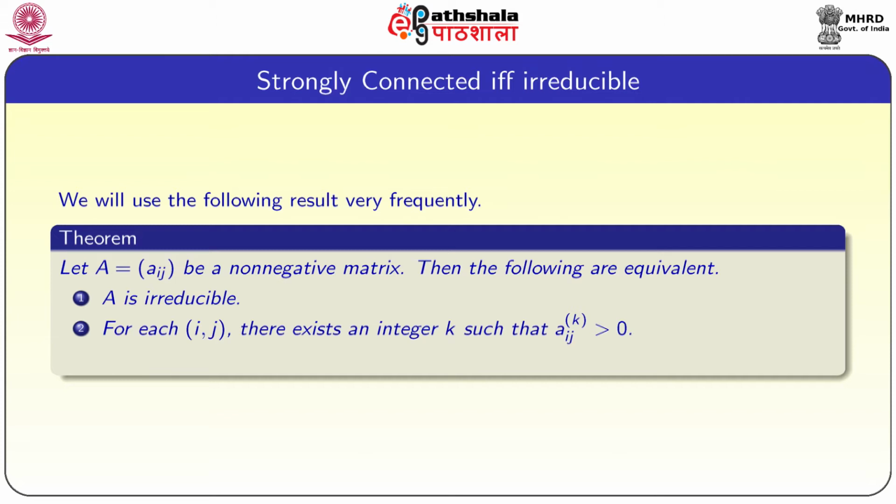Here (A^k)ij denotes the ijth entry in the matrix A power k. Third, XA is strongly connected. These three are equivalent. So, that means A is irreducible if and only if the digraph associated with A is strongly connected.